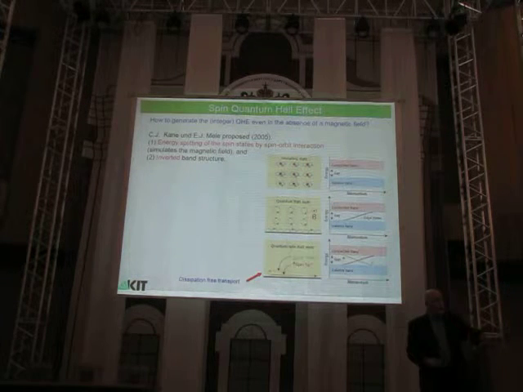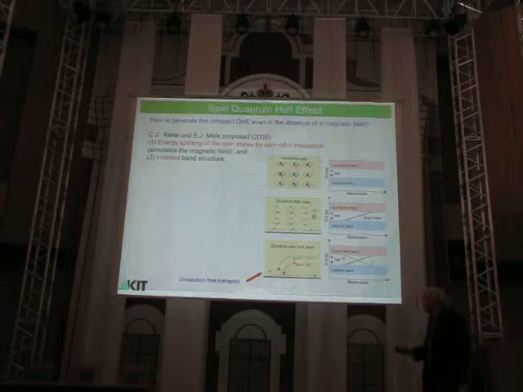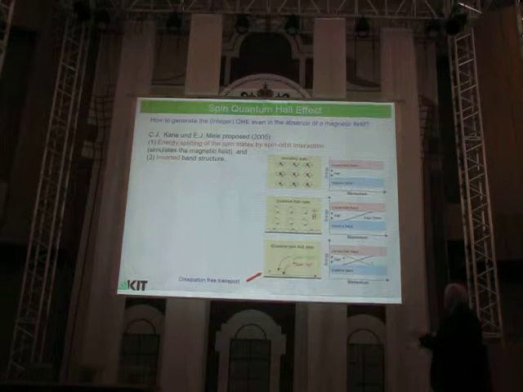That sounds a bit strange, but let me explain how that works. Let's first look at these pictures here. In an insulating state, we would have a situation where the electrons are trapped around, say, impurity centers. We would have a nice gap here, and in the quantum Hall state, we have the gap and we have the edge states, as we discussed before.